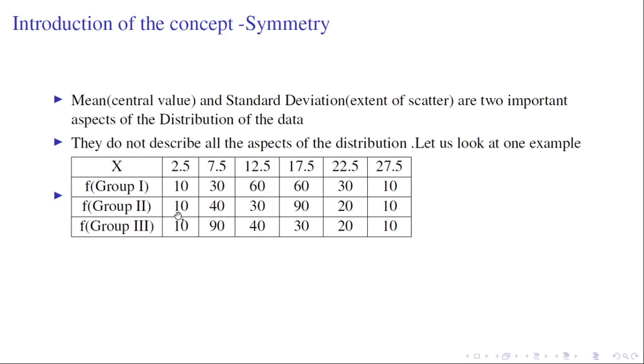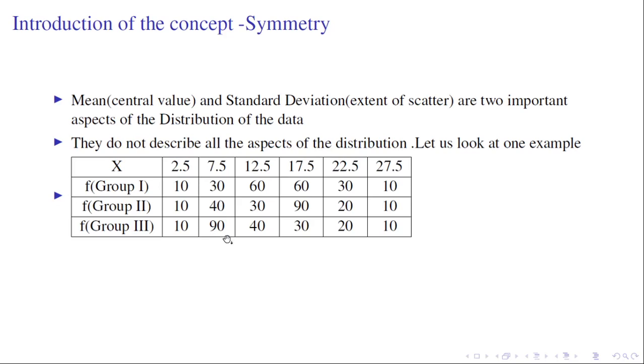Look here, the data is scattered here. This is the mode for the data. Highest frequency is in the fourth observation, whereas highest frequency is in the second observation.